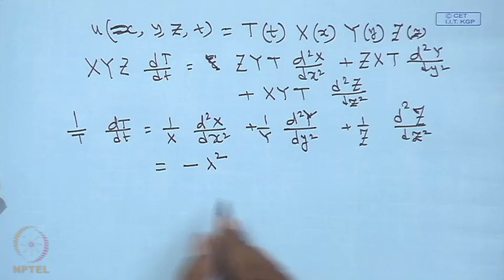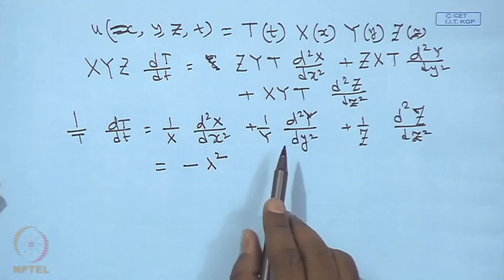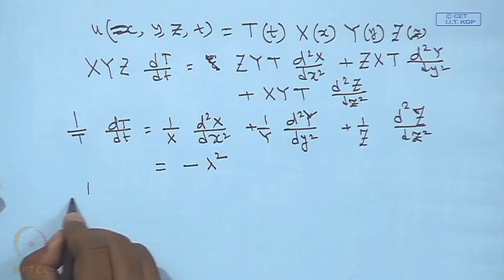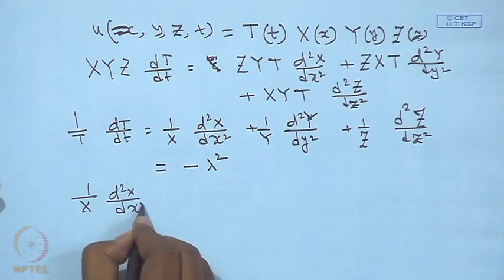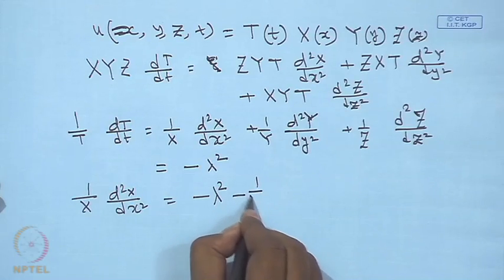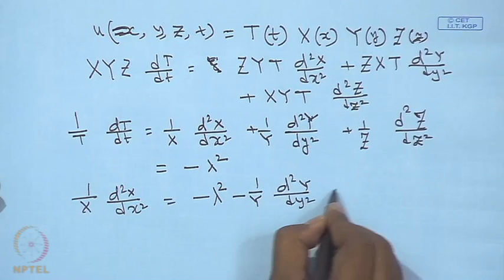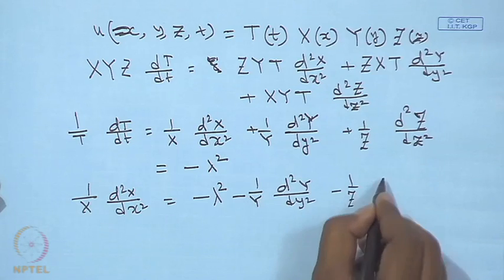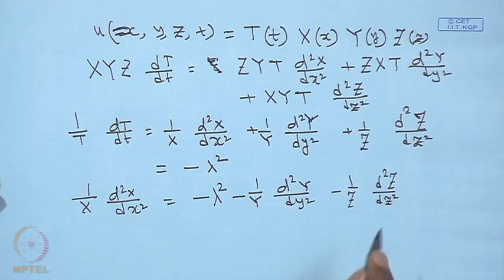Now, we will be formulating the x containing part. So, we move y and z to the other side. So, this becomes 1 over X d square X dx square is equal to minus lambda square minus 1 over Y d square Y dy square minus 1 over Z d square Z dz square.